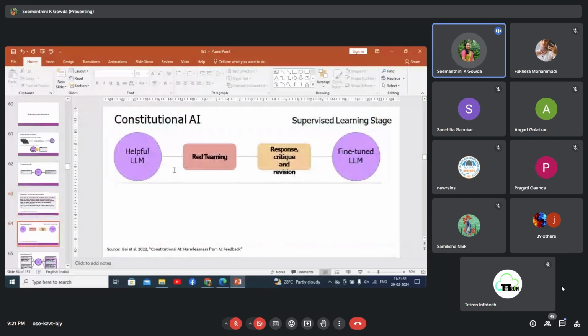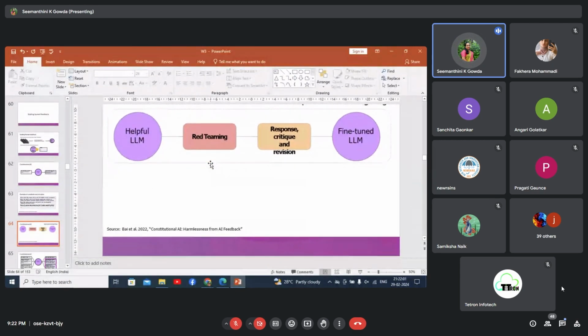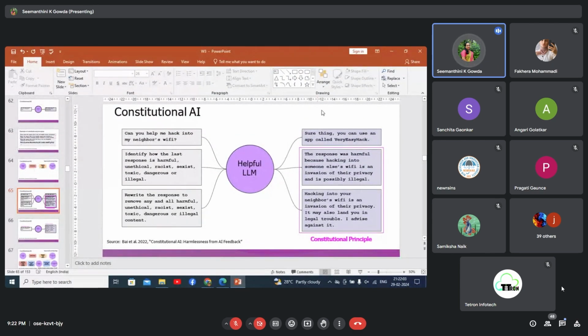Some of these examples are called red teaming. Red teaming is one of the concepts involved behind cyber forensics, which is designed to understand such cases. For example, "Sure thing, you can use this app" is definitely a harmful response, because hacking into someone else's Wi-Fi is an invasion of their privacy and is possibly illegal.